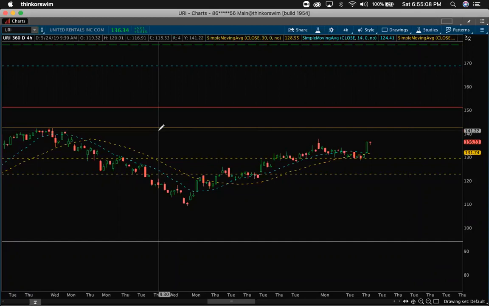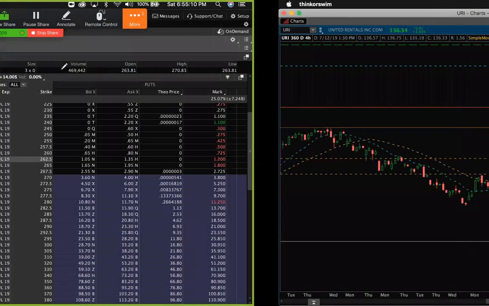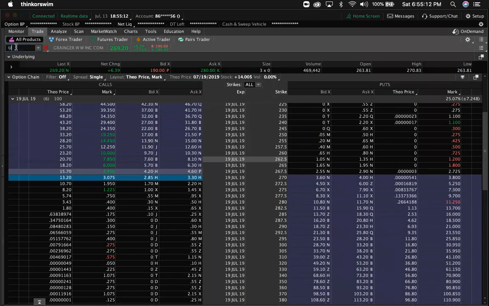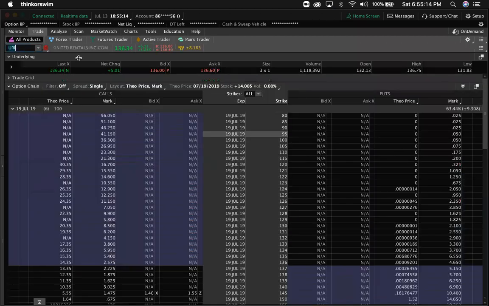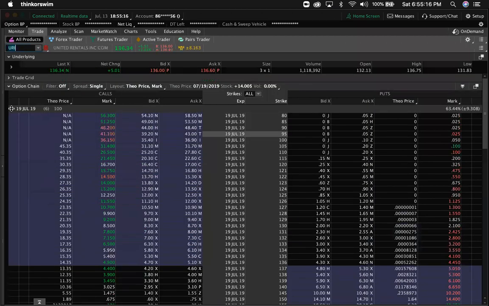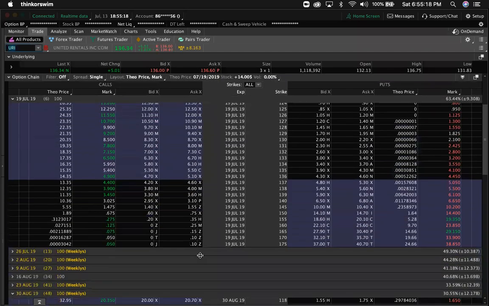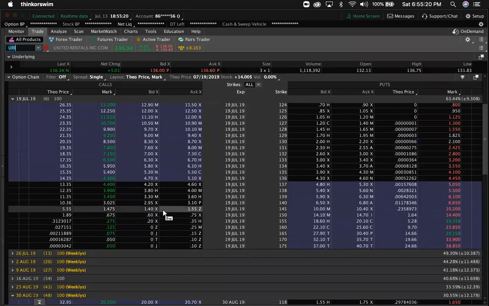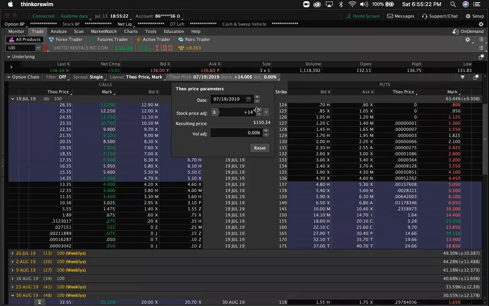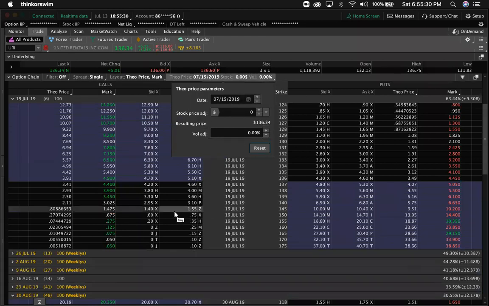The way they're priced, let's say we use the trade thing. Using URI, July 19th, the 145s are priced nicely. Let's reset. Looking at the 145, they'll be worth $1, below $1 come Monday at the same exact price they open at, depending on if we gap up.